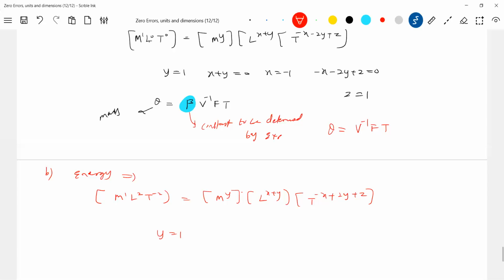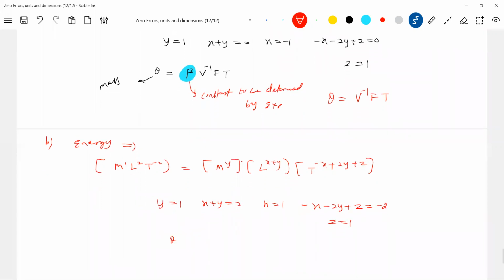Solving this, y equal to 1, x plus y equal to 2, so x equal to 1. Minus x minus 2y plus z equal to minus 2, so z equal to 1.